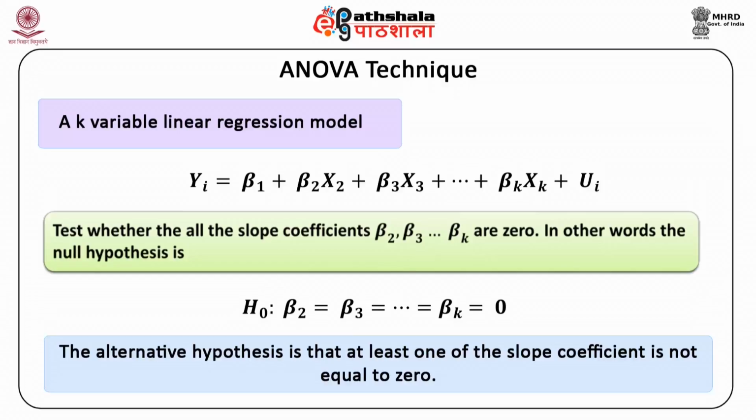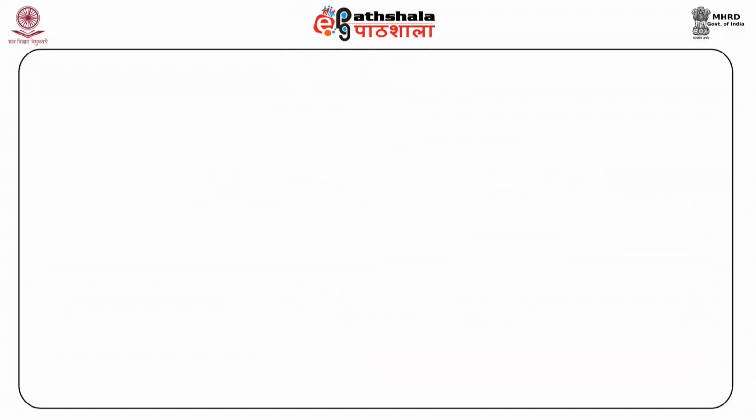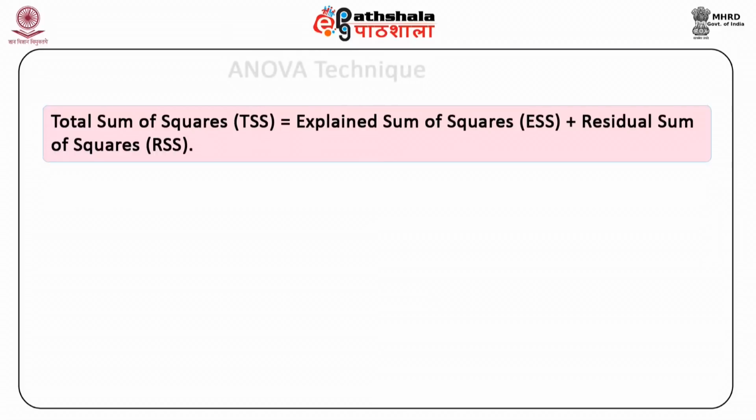The analysis of variance technique can be employed for such a test, and you can refer to this ANOVA table. We know that total sum of the squares TSS is equal to explained sum of the squares ESS plus residual sum of the squares RSS. In terms of algebraic expression, it can be written as follows.